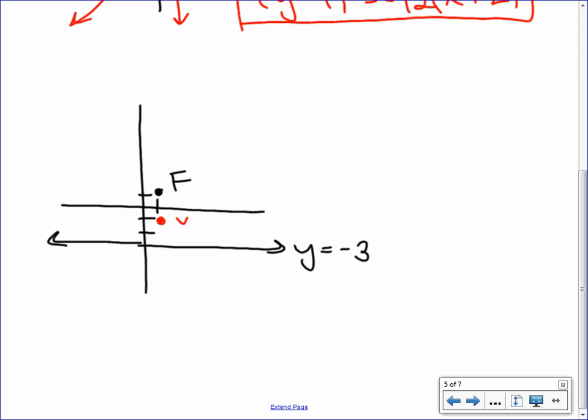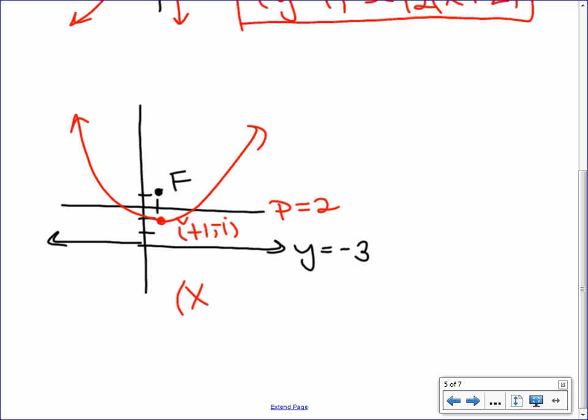Let's continue with this example that I just made up. Which way is this opening? Up. Our vertex is where? It's at (1, negative 1). Sorry, I heard you backwards. And what is our p-value? Equals 2. So, rattle off my standard form.